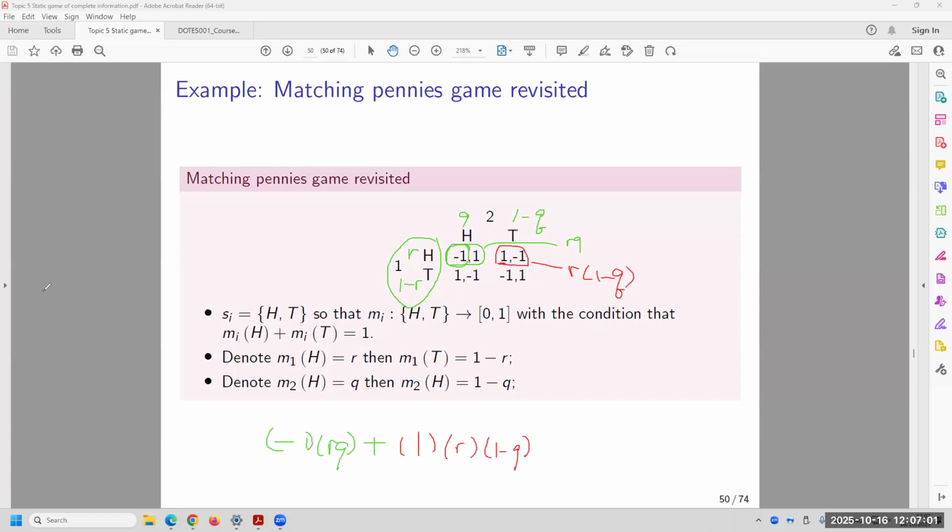You can do the same for the rest. This will be 1 times 1 minus R times Q. And the last one will be -1 times 1 minus R times 1 minus Q. So these are the 4 different scenarios you can see, and this is the payoff of your expected utility.